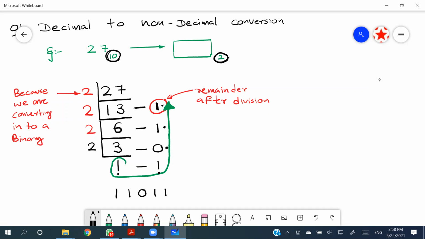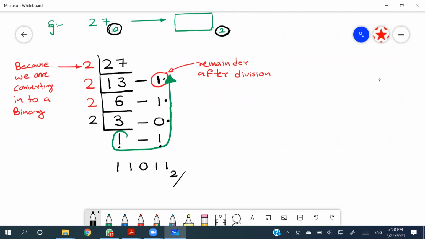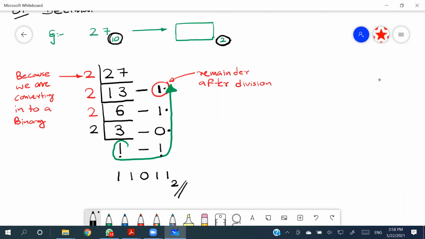The base is going to be 2. This is how we convert a decimal value into its binary. Did you get this?